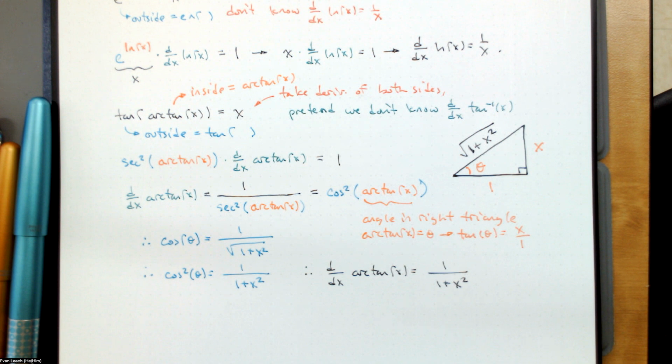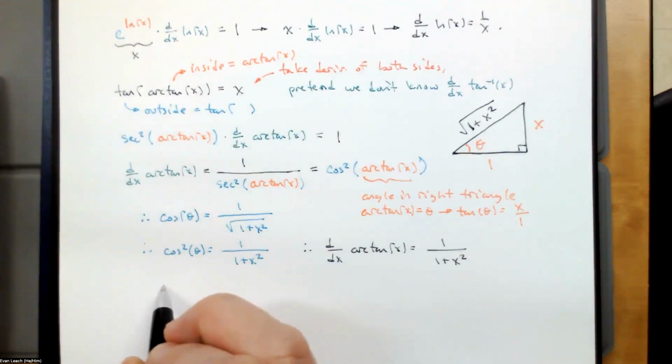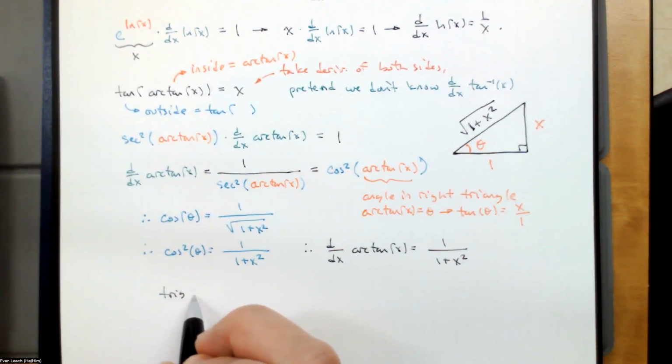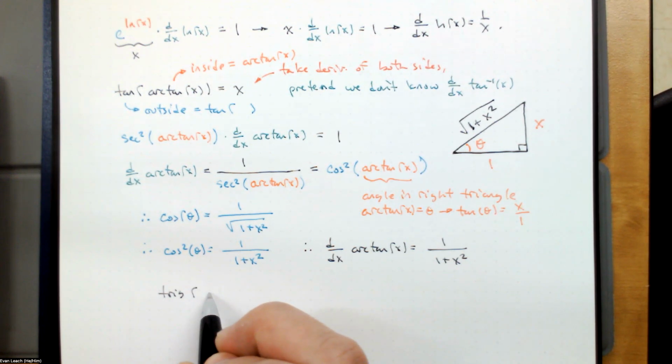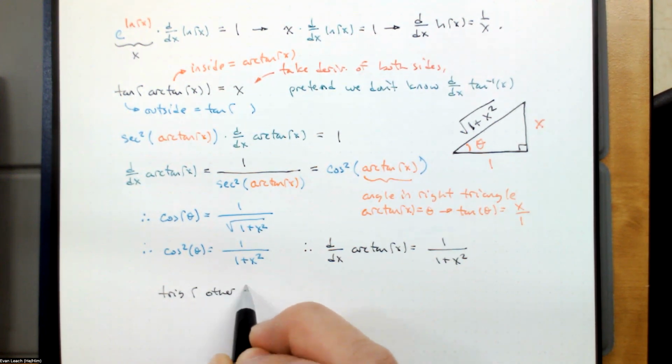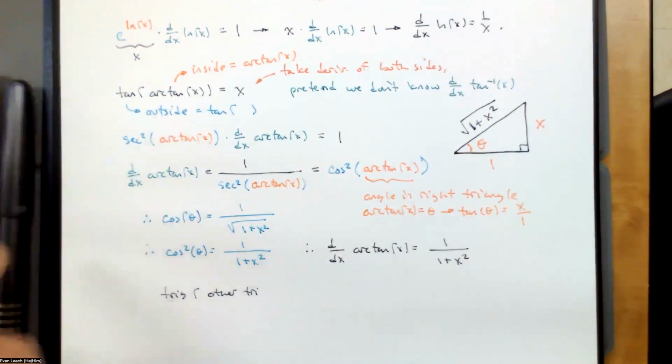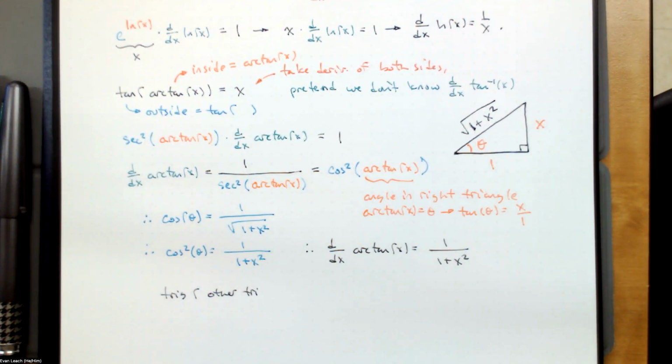And so we can use right triangles to fix it. It's unacceptable to have trig function of inverse trig function and just leave that as an expression.